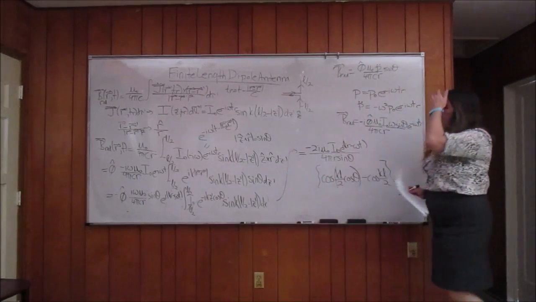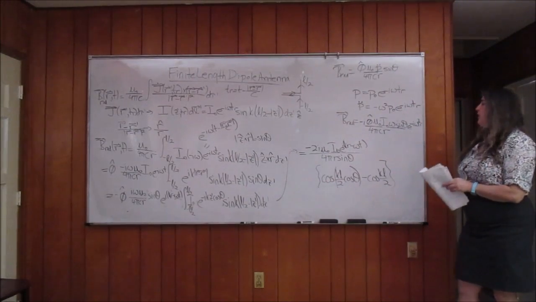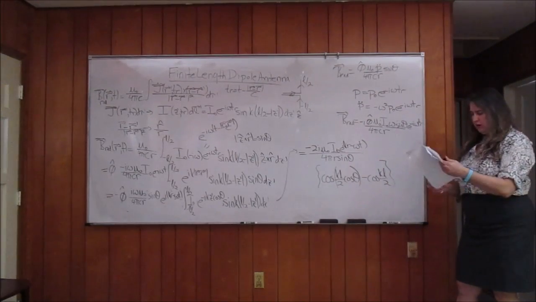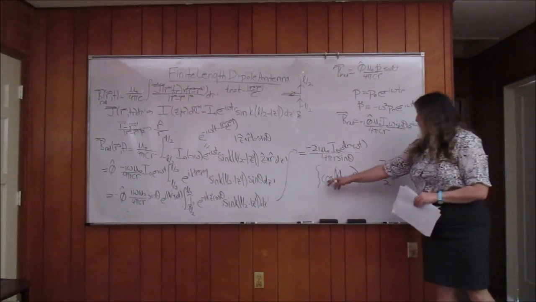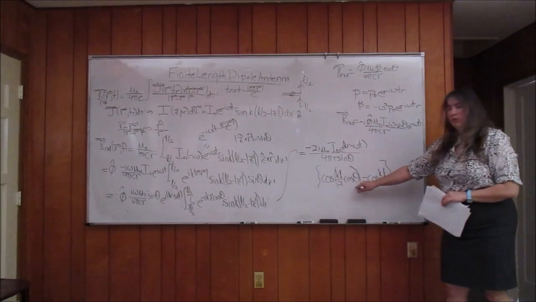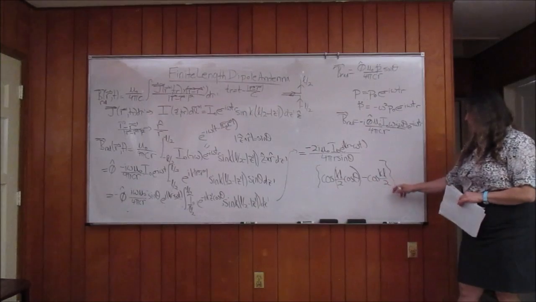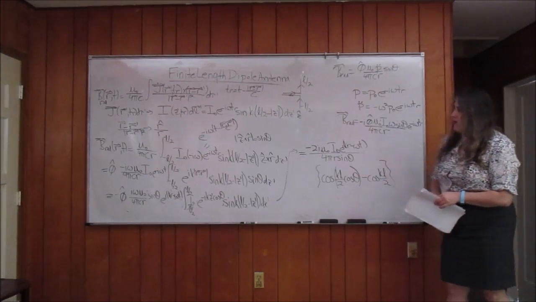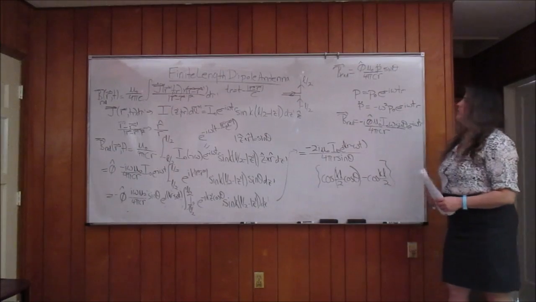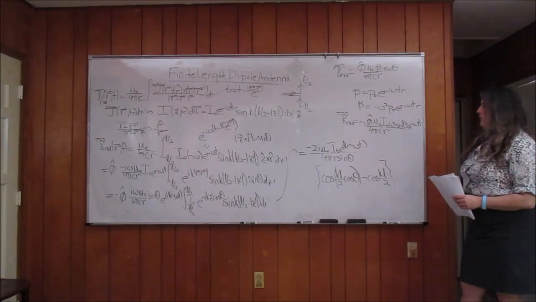So let me just read this off. It's minus i mu naught I naught e to the i kr minus omega t over 4 pi r sine theta, brackets, cosine of kl over 2 cosine theta minus cosine of kl over 2. And that is your answer for the magnetic field in the radiation zone.